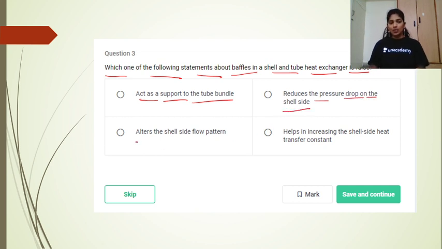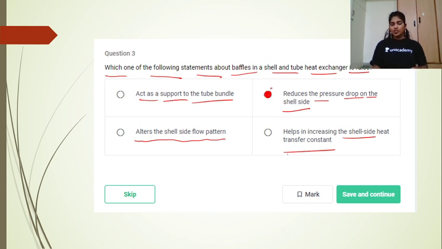Third option: alters the shell side flow pattern, and fourth option: helps in increasing the shell side heat transfer coefficient. Okay, so I guess by this time you will be able to answer the question. So what is the answer? Option B is the correct answer.